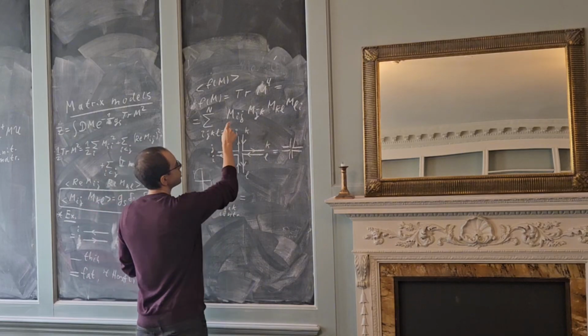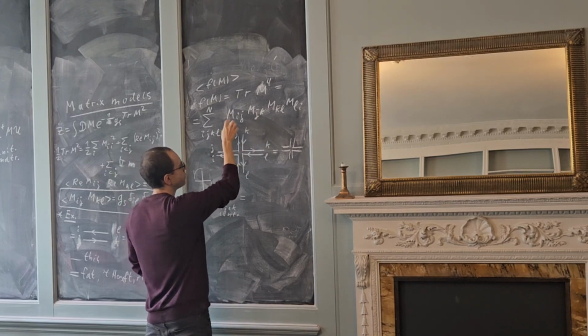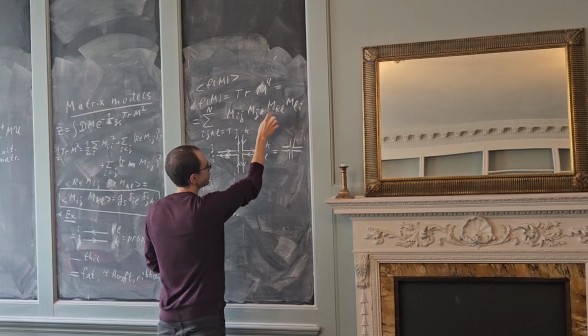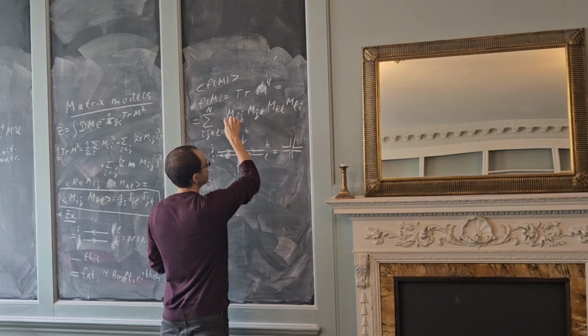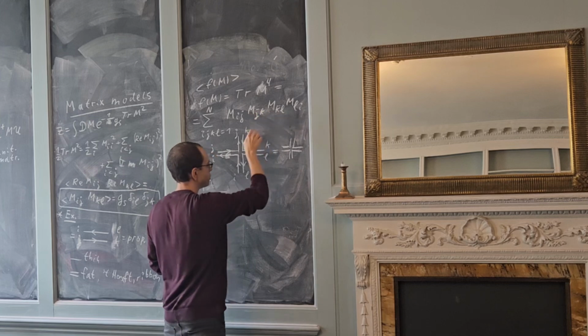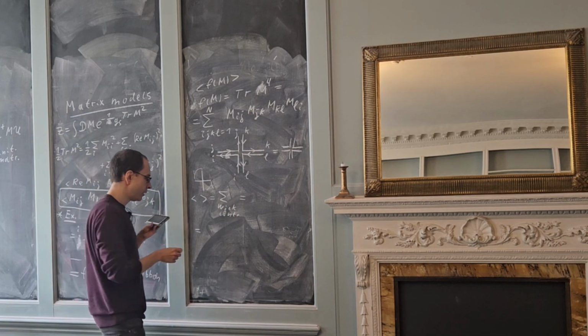So I have 4 matrices here, and I need to consider all possible Wick contractions. I can contract first with second, this with that, or first with third, this with that, or first with fourth and this with that. So just like in the example with 4 x's, there are going to be 3 contractions.